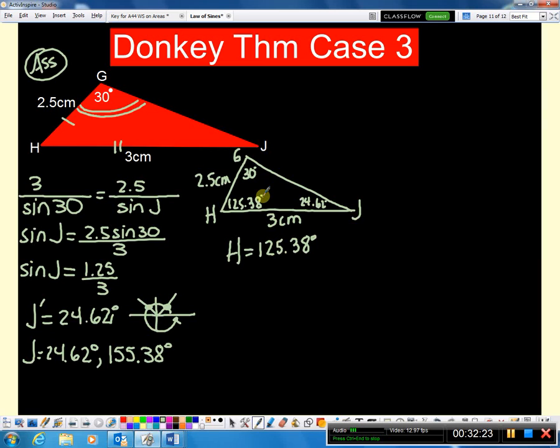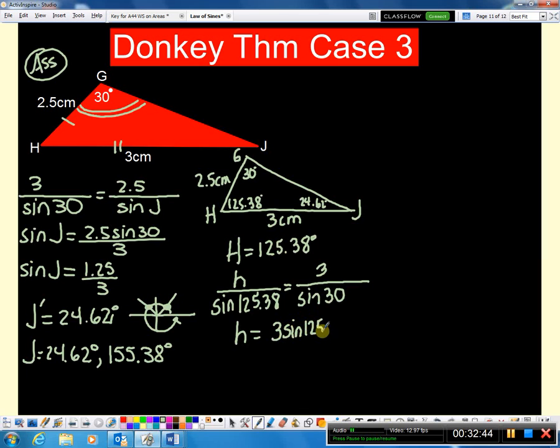So now what I need is side little h. It's opposite 125, so it's opposite sine 125.38. I'm going to use 3 and sine 30, go back to my original info. When I cross multiply, I'm going to get 3 sine 125.38 divided by sine 30, or divided by 1/2.